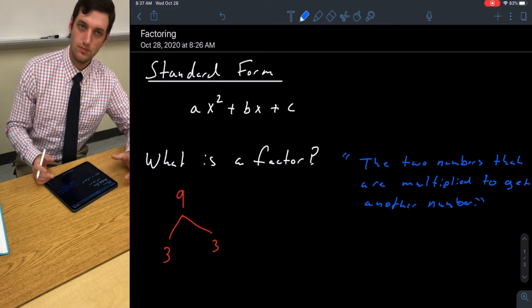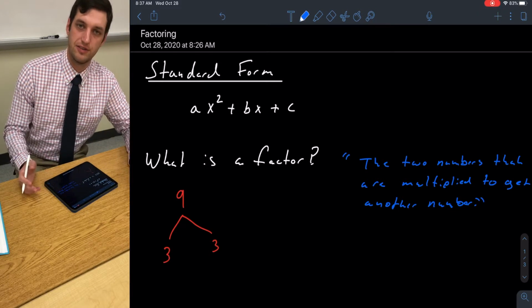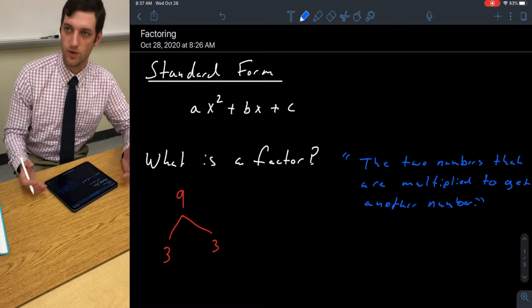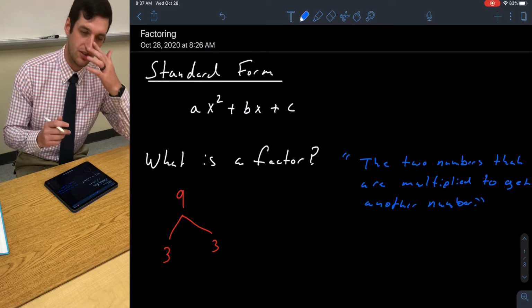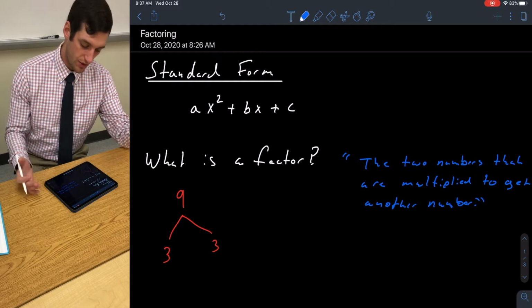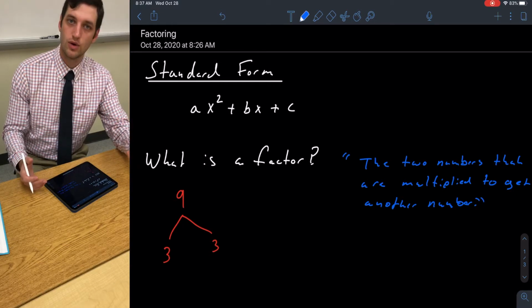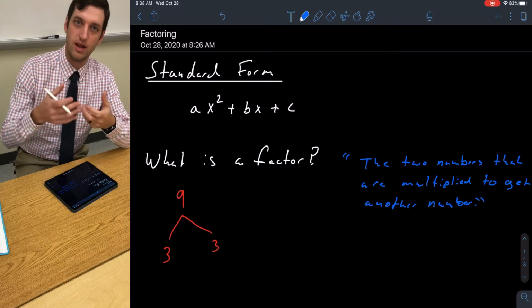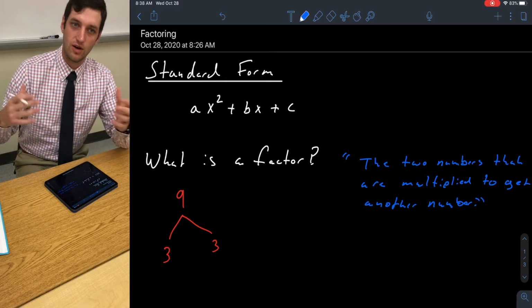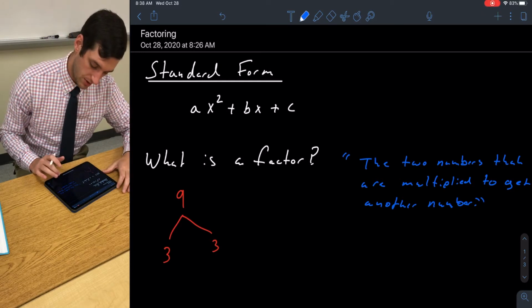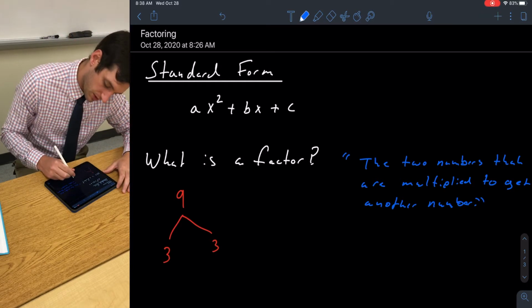So let's look at 15. Well, 15 is 3 and 5. 8 is 2 and 4, 1 and 8. See what I mean? There are two numbers that make up another number. So whenever we factor, we're going to find two things that multiply to give us what we're trying to factor.